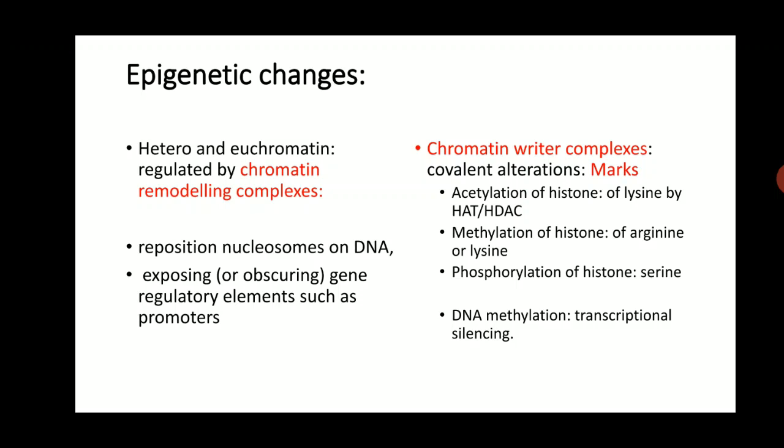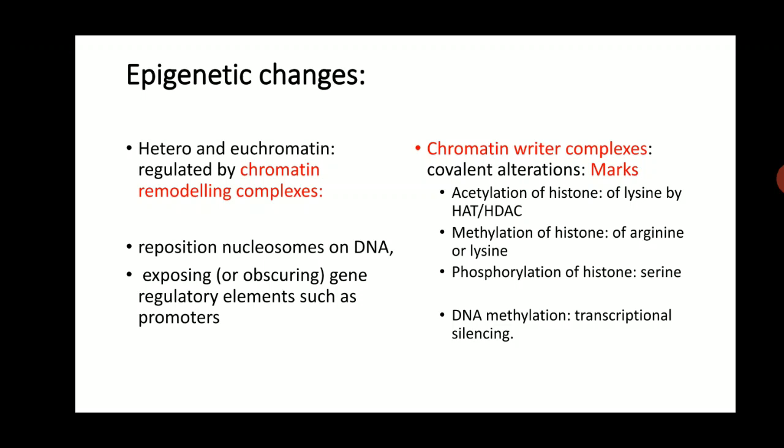So if the histone protein shifts from one place to another, that will lead to inactivation of another set of genes and activation of some set of genes. This particular phenomenon is brought about by epigenetic changes and is known as chromatin remodeling.